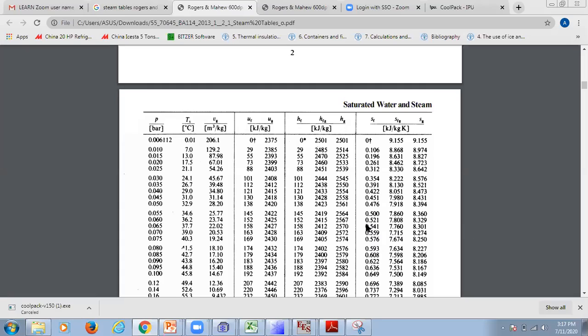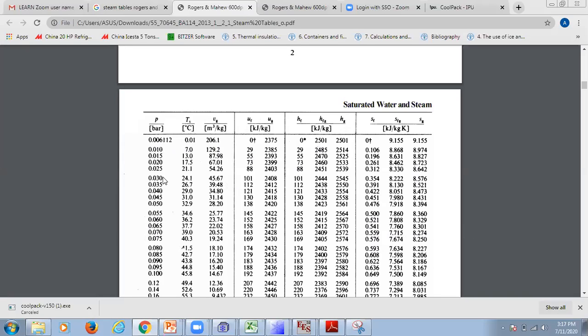Basically this is a constant pressure closed system experiment, and it is extremely slow, dynamically extremely slow.